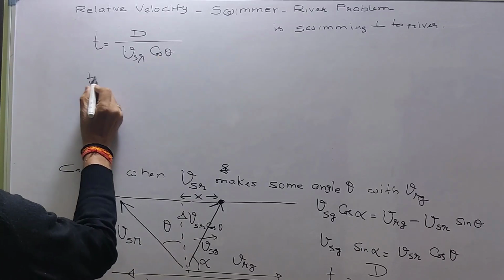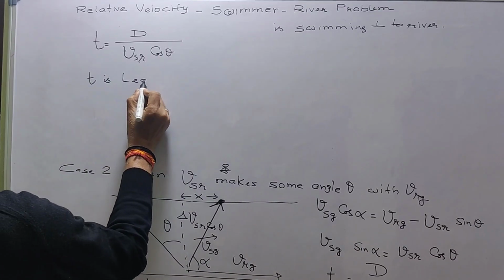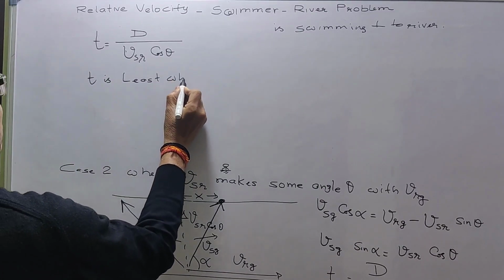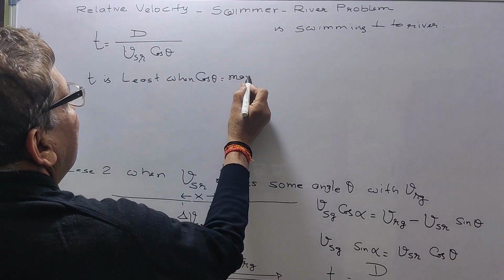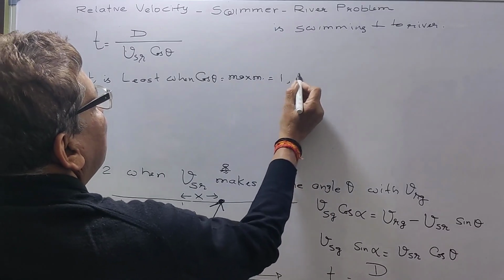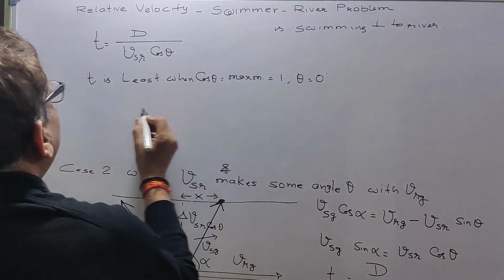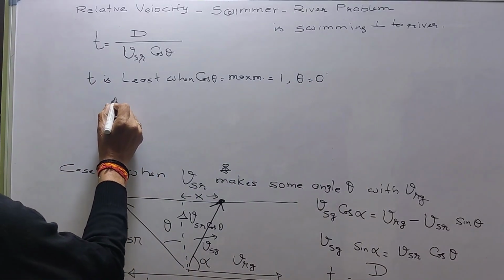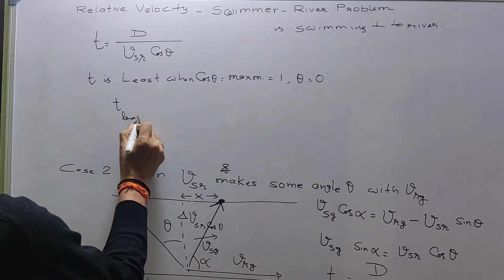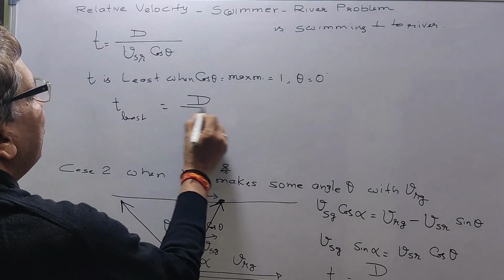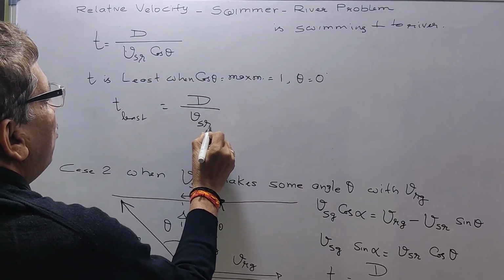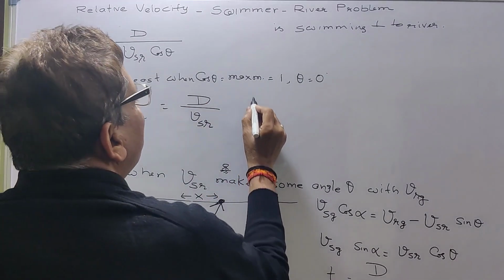Now t is least when cos theta is maximum. And what is maximum value? This is 1 and theta is 0 degree. Now I can find out then t least will be equal to d divided by VSR only.